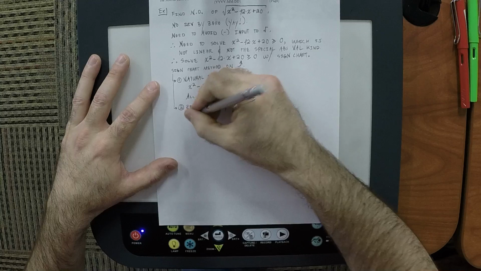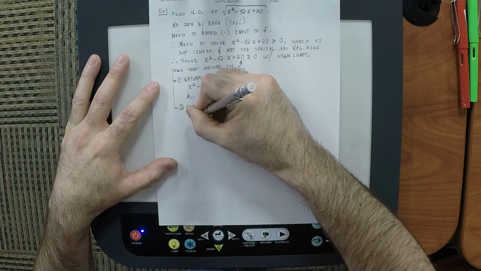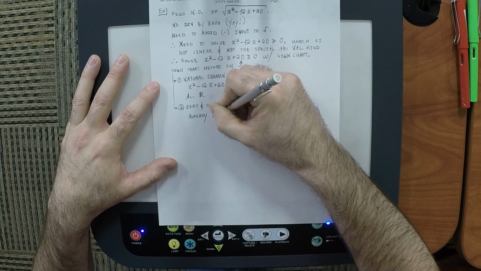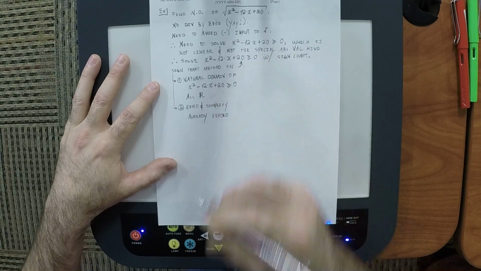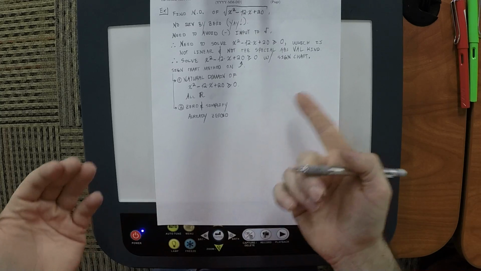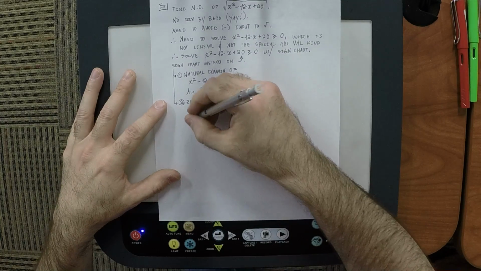Yeah, and it's already zeroed. Remember, the zeroing step is that when you're solving a nonlinear inequality, usually both sides have terms on them. The zeroing step is to move all of the terms to the same side, leaving 0 on the other side. But 0's already over there, so that's great.